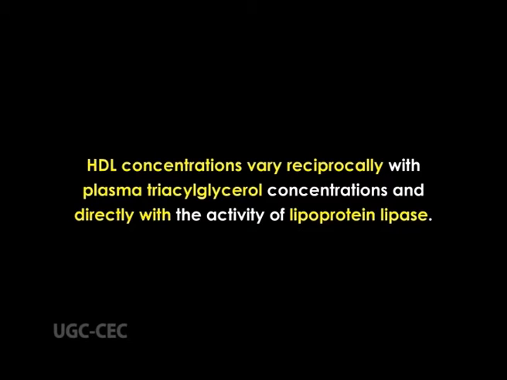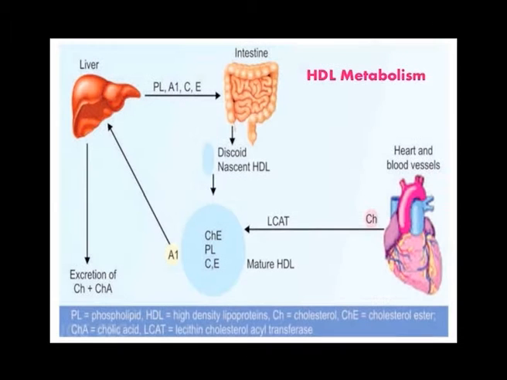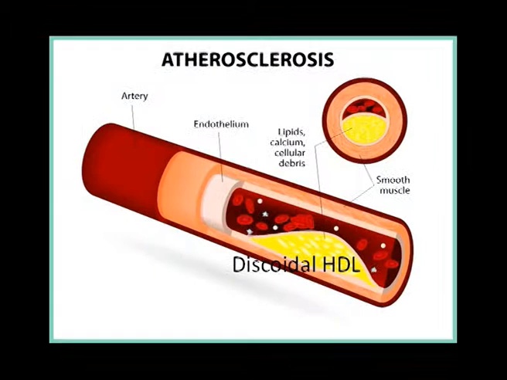HDL concentrations vary reciprocally with plasma triacylglycerol concentrations and directly with the activity of lipoprotein lipase. This may be due to surplus surface constituents, for example phospholipid and ApoA1, being released during hydrolysis of chylomicrons and VLDL, and contributing towards the formation of pre-HDL and discoidal HDL.